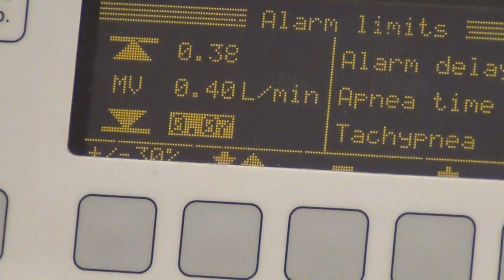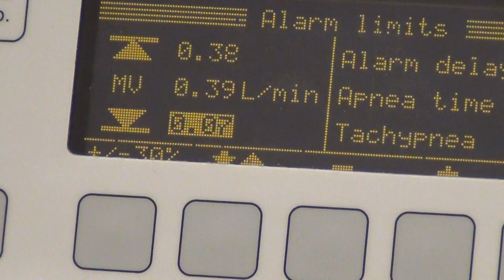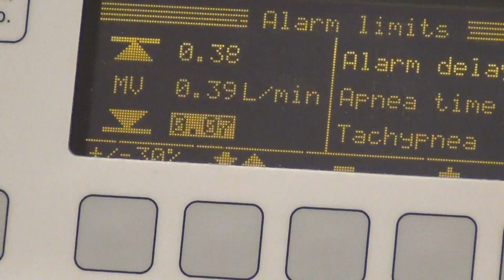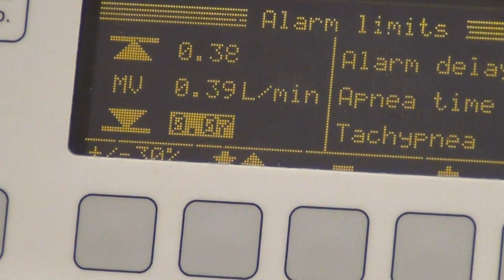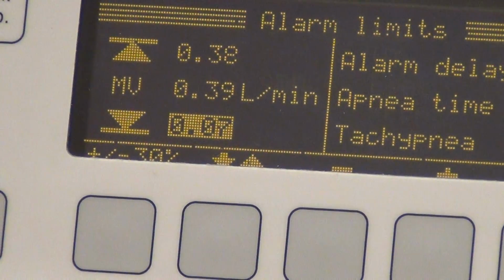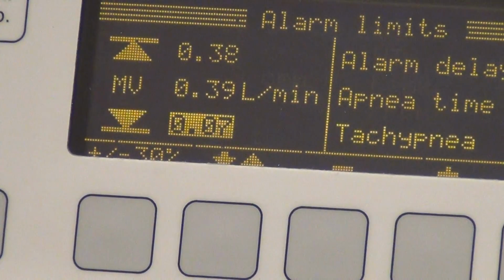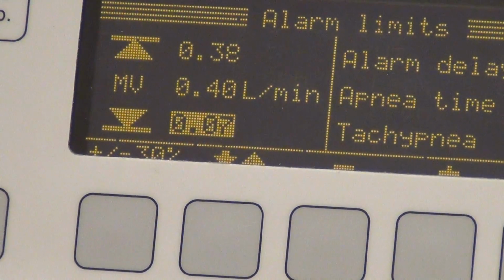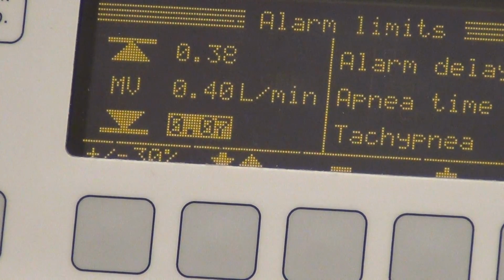Now, our rule is that we work in 2s and 4s for our babies. In that particular case, our minute ventilation is being measured right now at, we'll just say, 0.40. 0.2 above 0.40 is what? So 0.2 plus 0.4, 0.6.